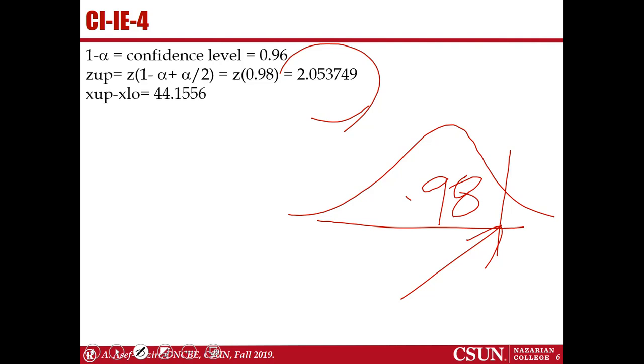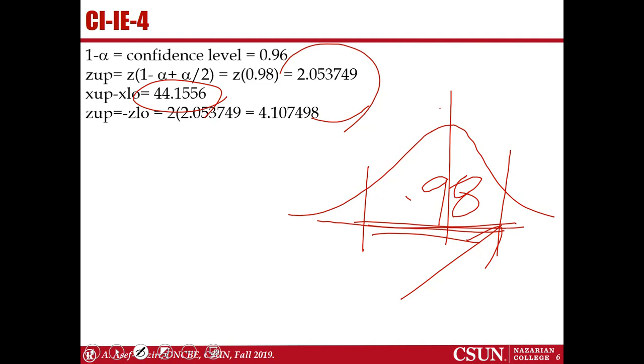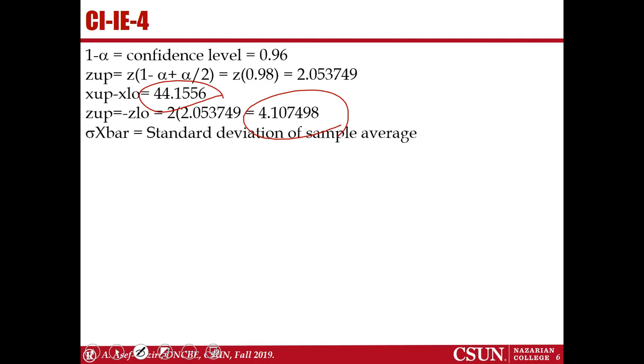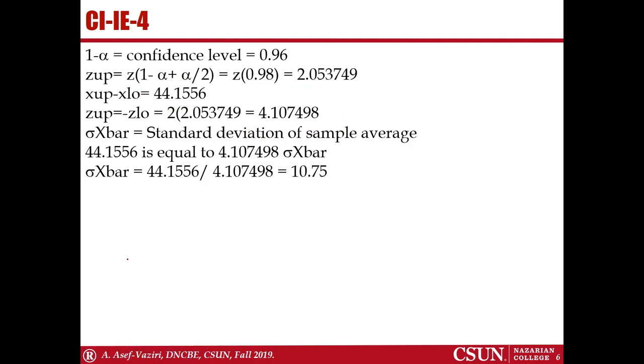Then in our own distribution, the gap between upper limit and lower limit was this much, so half of it is what I have gone to the right, or twice of it is equal to that. The gap between the upper and lower control limit in the z distribution is 4 standard deviations, and in our data is 44. Therefore, 44 is 4 standard deviations. We divide them and get something close to 11, 10.75.